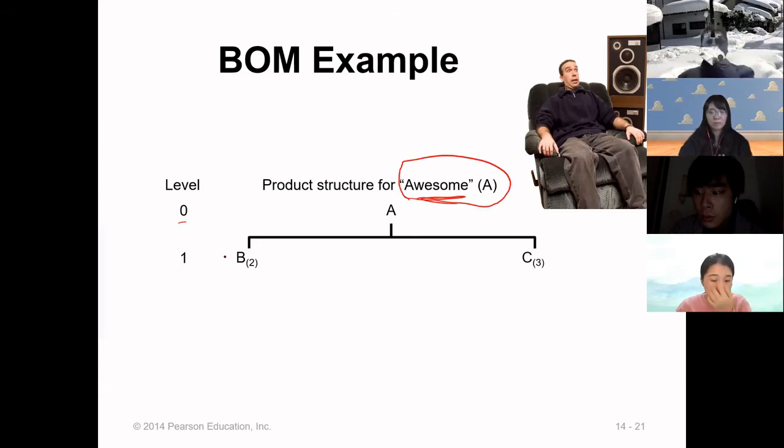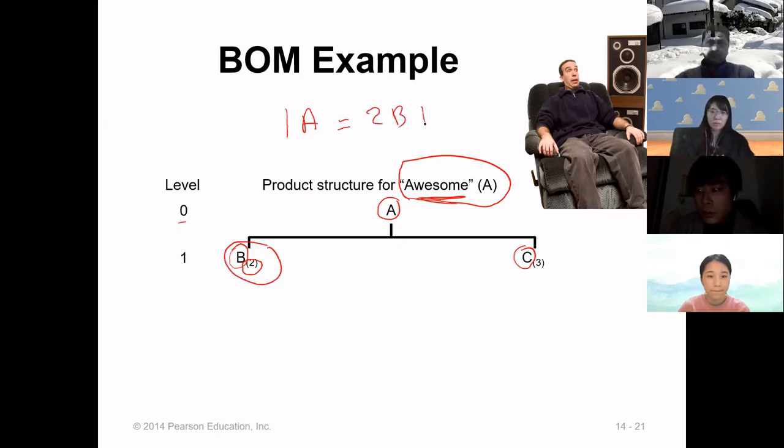One is component B and one is component C. And this number here, 2, represents the quantity required. For example, in order to make one of A, you need 2 of assembly B plus 3 of assembly C.